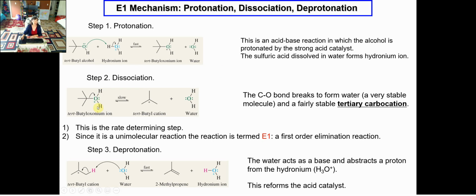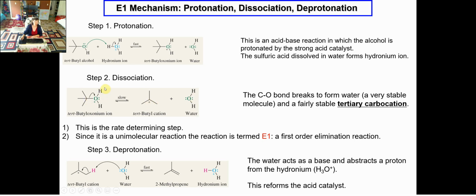Second step, as we mentioned before, this oxonium cation is not stable, it's an intermediate. This ion is going to dissociate into a carbocation. If you have a tertiary carbon, this tertiary carbocation is more stable compared with secondary, primary and methyl carbocation. In this case, you form a tertiary carbocation and water.